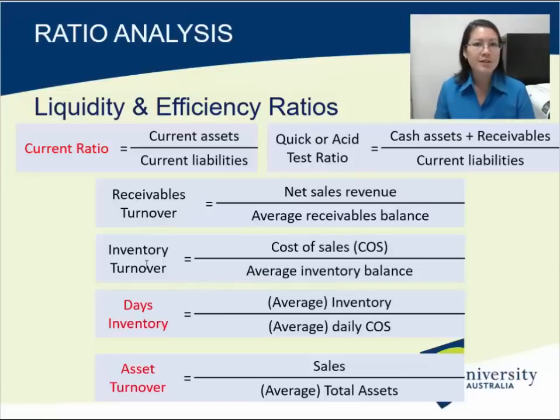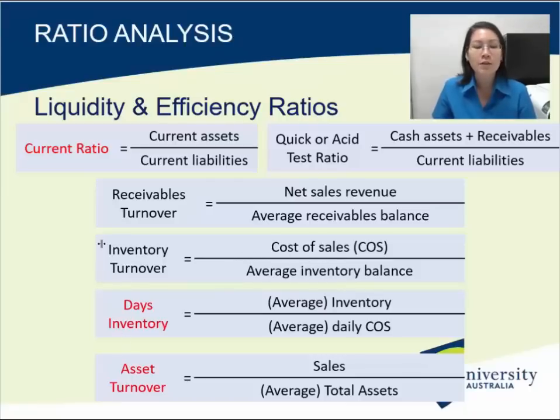Inventory turnover, same concept. How quickly are we selling our inventory? So from the point where we actually purchase our inventory to the point where we actually turn it into a cost of sales, where we actually sell it, how long is that period? So again, the inventory turnover figure simply states how often we are turning over our inventory into sales, and again, you can see that in the mathematical formula.